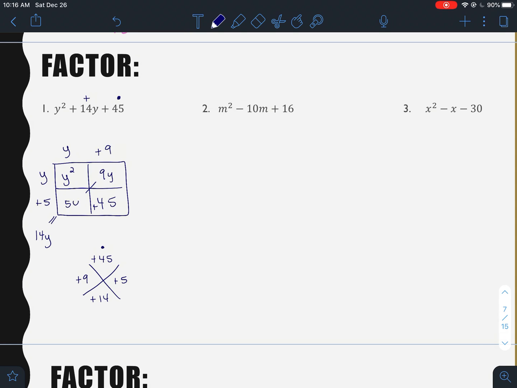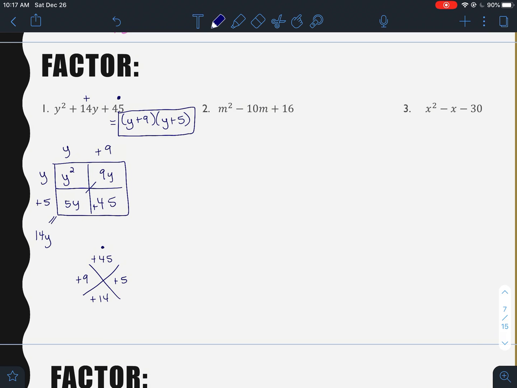So I need a positive 9 and a positive 5. And then I would get 9y and 5y, which would be 14y. So this is going to be y plus 9 times y plus 5. And that would be the factored form of that trinomial. If I multiplied those two parentheses back out, I would get the original problem.